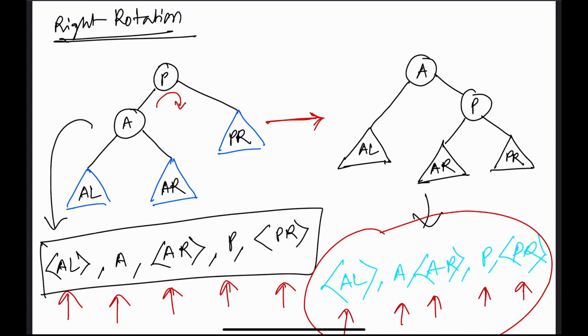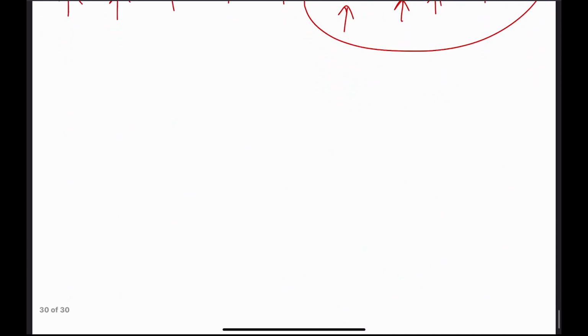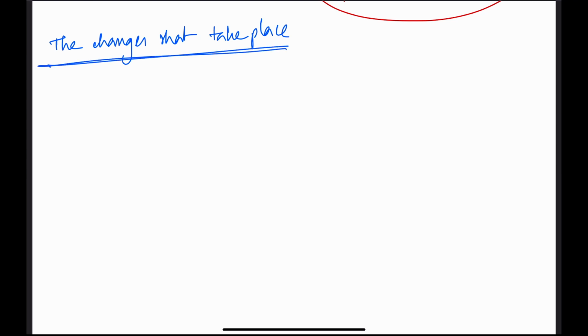Okay, so this is right rotation. I hope it is clear. If you talk about the process, let me write down the changes that take place. What are the changes that will happen?